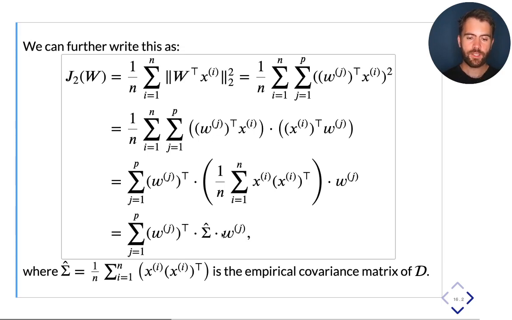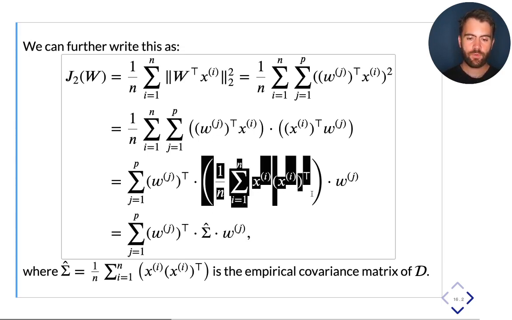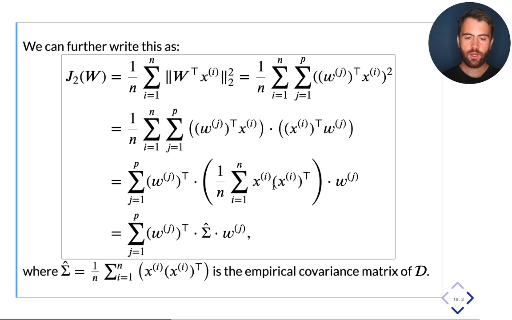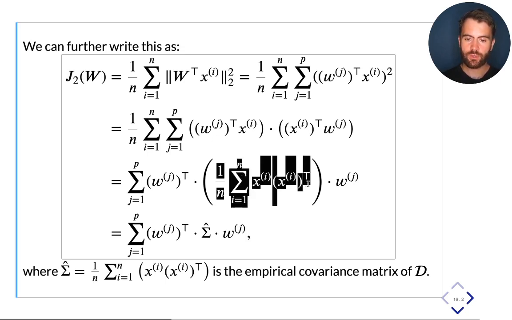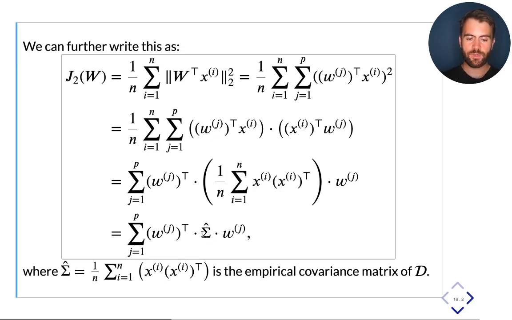And finally, in the last line, I have replaced this expression here. First of all, this is an outer product between two vectors. This has dimension d by d, and now I have added n of these, so this here is a d by d matrix, which I'm going to denote by sigma hat.